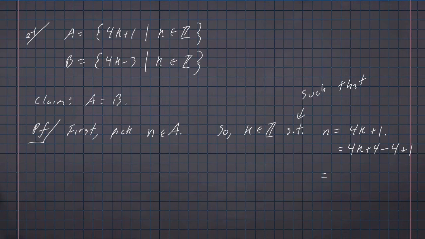Now let's take that and group things. So we have 4k plus 4, and we have negative 4 plus 1 as two separate groupings. 4k plus 4, we can factor out a 4, and negative 4 plus 1 is the same thing as negative 3.